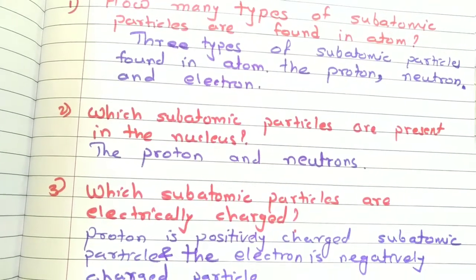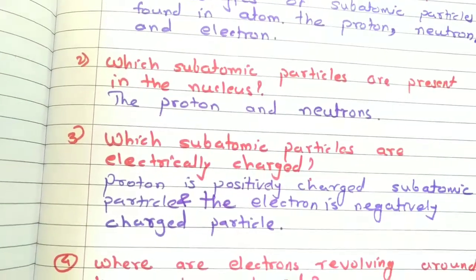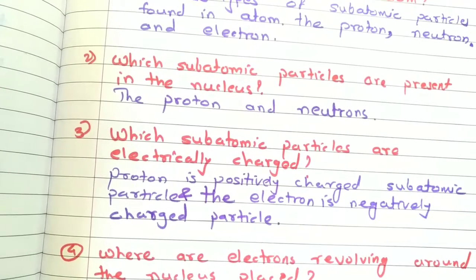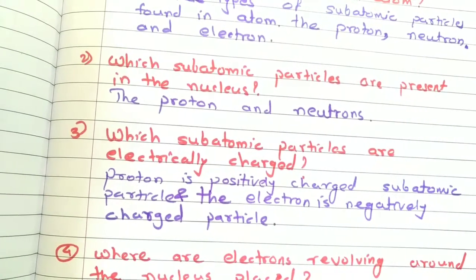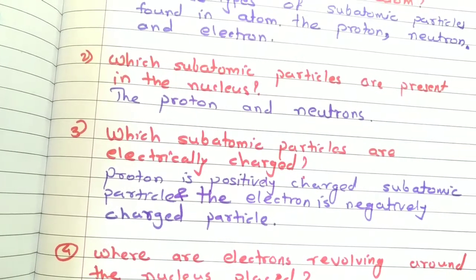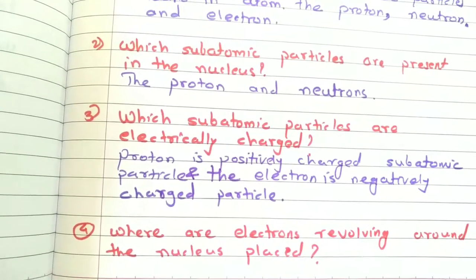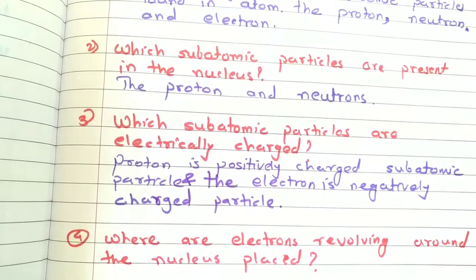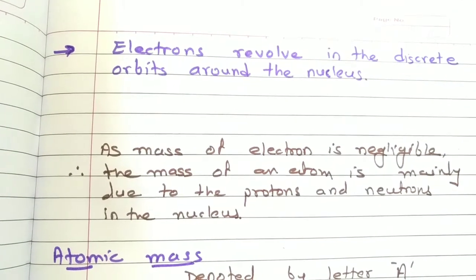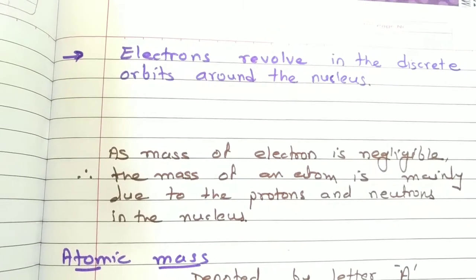Which subatomic particles are electrically charged? The proton is positively charged and the electron is negatively charged. Where do electrons revolve around the nucleus? In the discrete orbits around the nucleus.